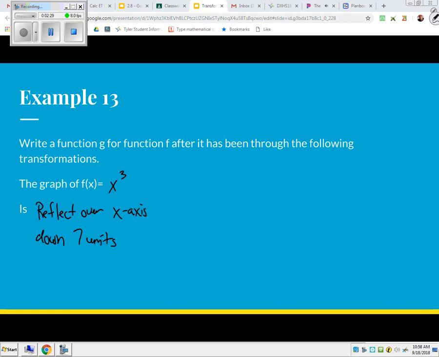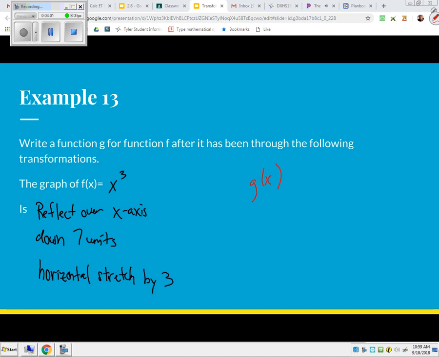And let's do a horizontal stretch by 3. So what I'm looking for is a new g of x function that comes from this old f of x.